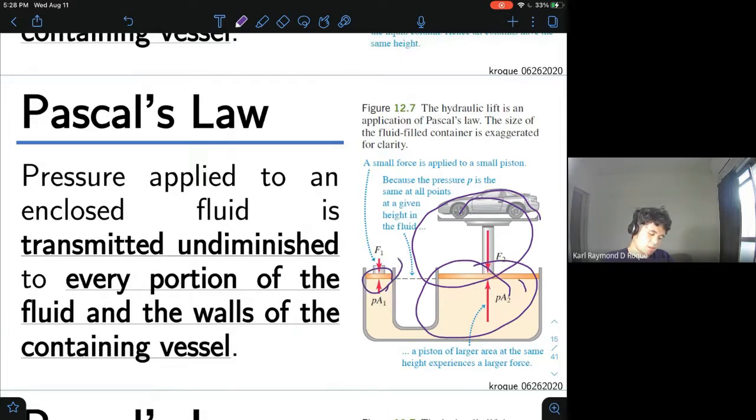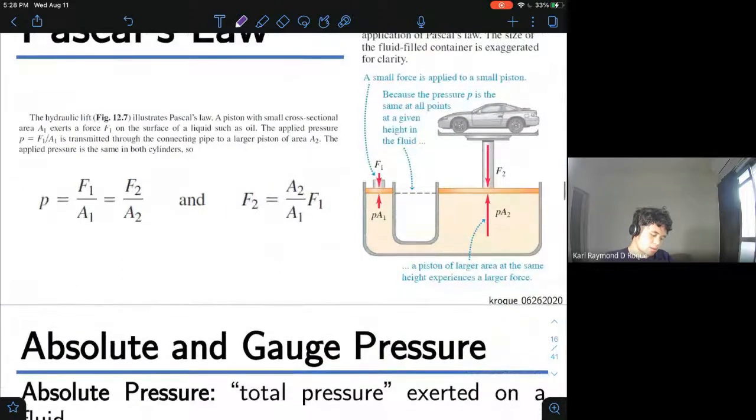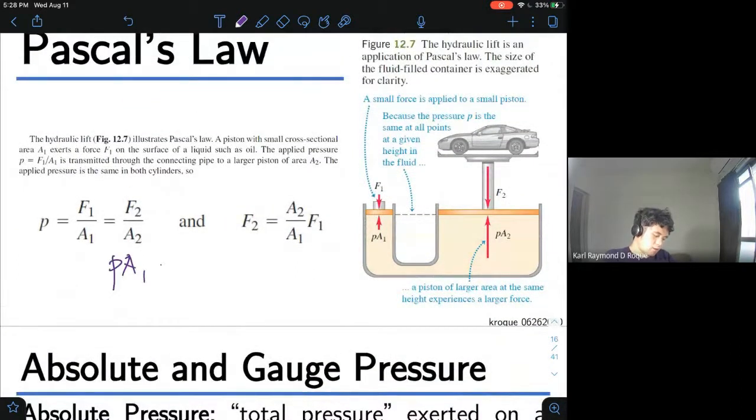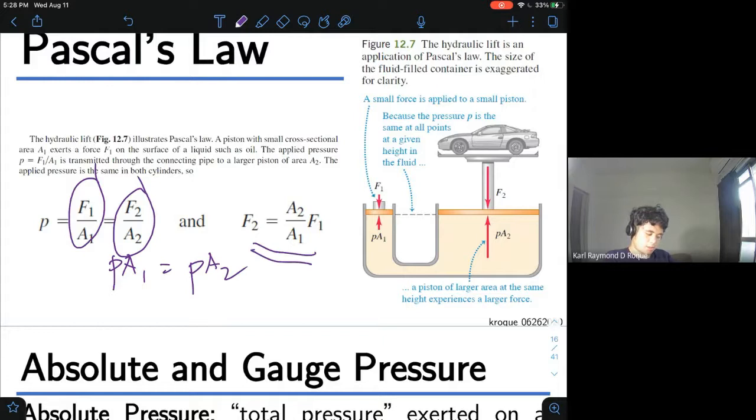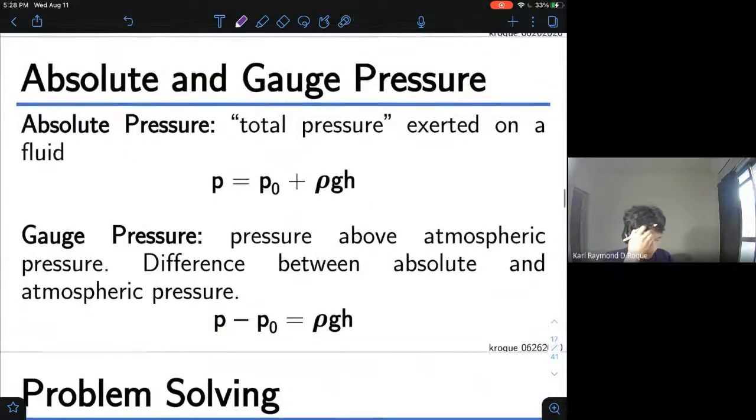Pressure dito is the same as pressure dyan. P A1 equals P A2. Kaya F1 over A1 equals F2 over A2. Therefore, you can get a relationship between the forces of a hydraulic lift. Okay?